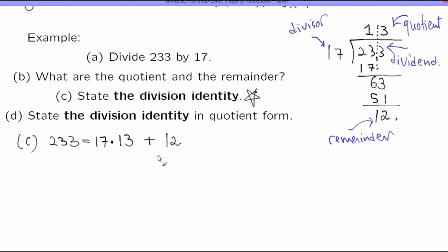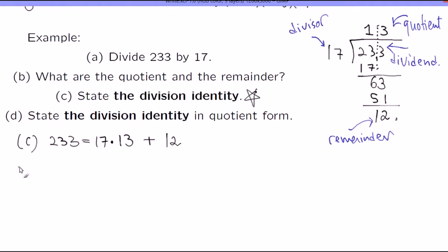Nobody calls this one division identity, just me. So that we can identify what this one is with words, right? Where everybody knows, oh, division identity. And I'm going to ask you to state the division identity. That statement is called division identity, yeah. If you don't state this one, you lose half of the credits, right? So you do all the difficult work and don't state this one correctly, right?